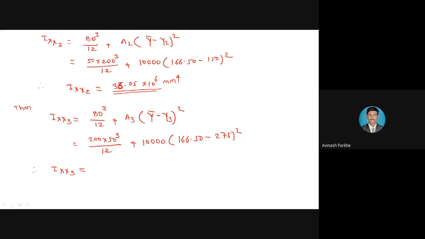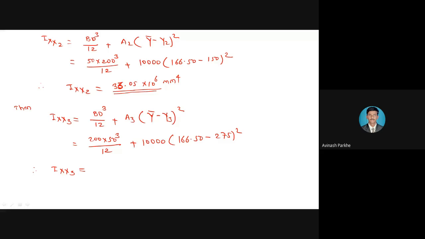Please check 36.05 into 10 raised to 6. This is Ixx2. Please do the calculations. This is the Ixx2 value. Yes, 36.05 into 10 raised to 6 mm raised to 4.